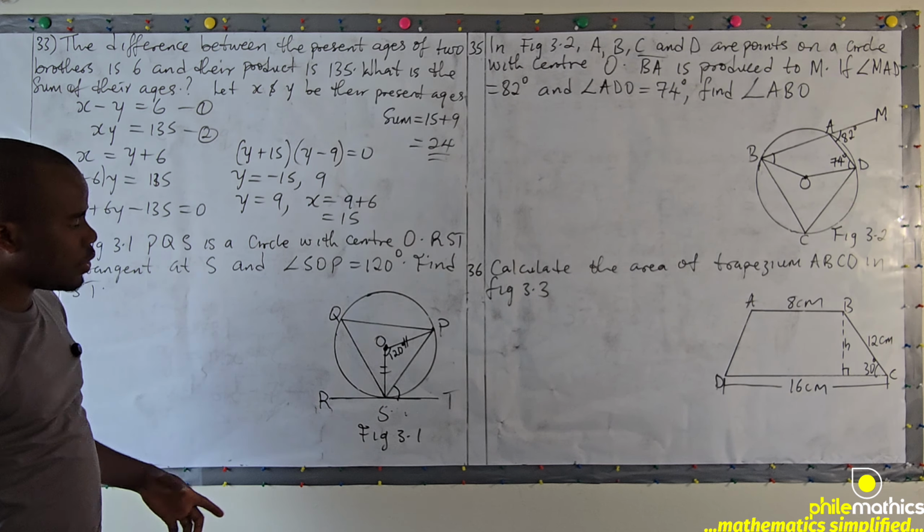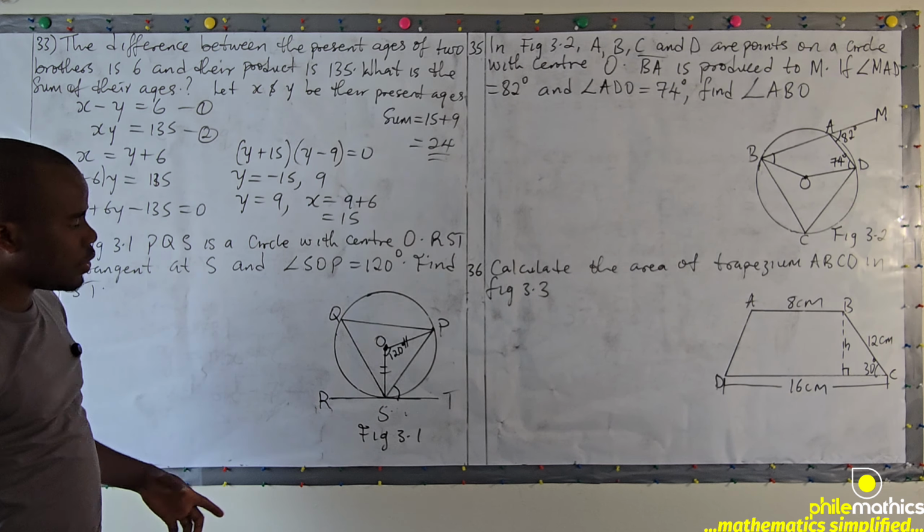So angle PQS is simply half of this, 120 over 2, which is 60 degrees, because angle at center is twice angle at circumference.